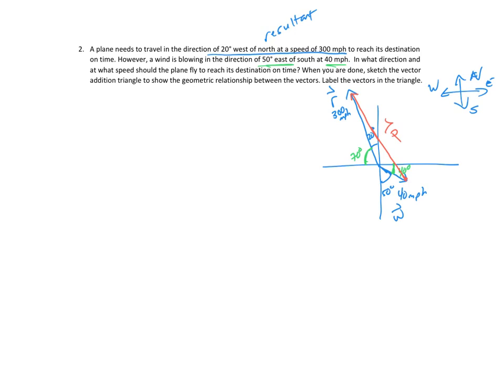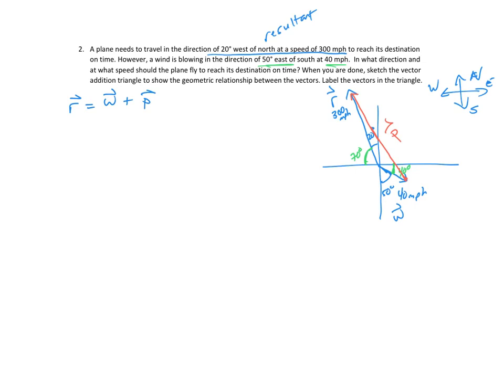So if we go along both of these vectors, the wind plus the plane is going to be equal to the resultant vector that we're given. So I'll write that down here. So in the end, we're going to say that R is equal to the vector wind plus the plane. And we're given R and we're given the wind, but we need to find the plane vector.